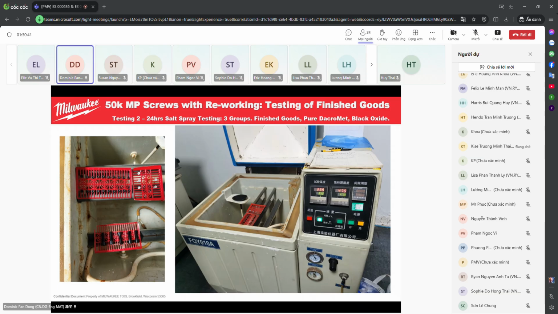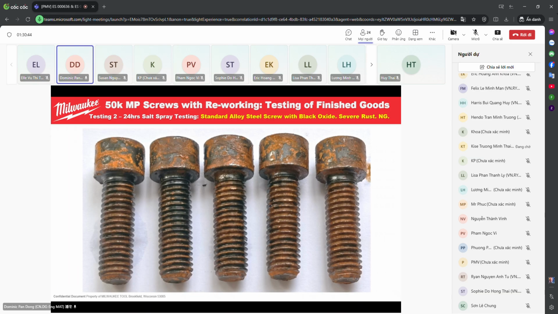Here it shows how we put the parts inside. And this example tells us what is bad. Those red areas on the screw surface are rust, or iron oxide, oxidized steel. They are failures. It is an example of failure under salt spray testing, after only 24 hours.